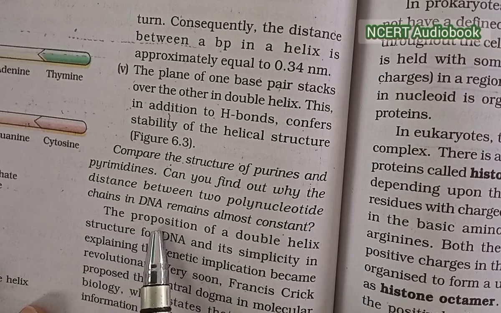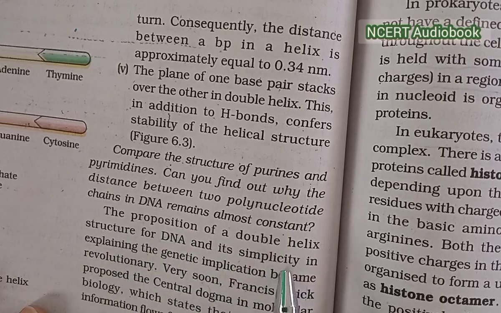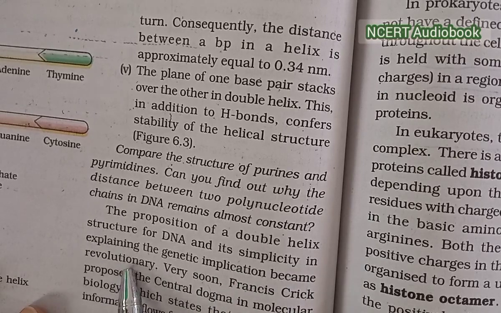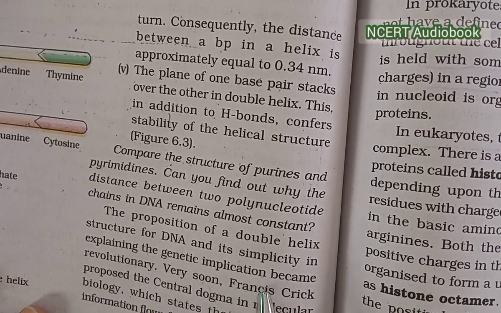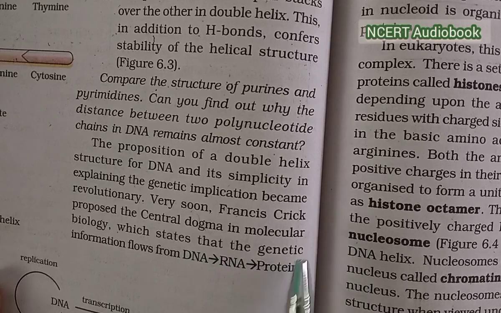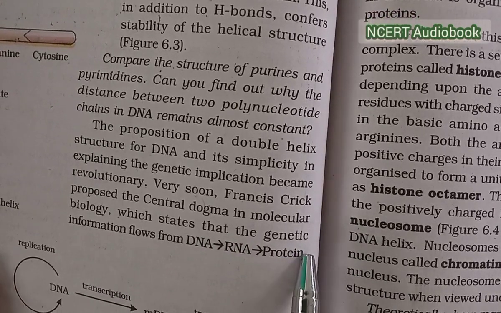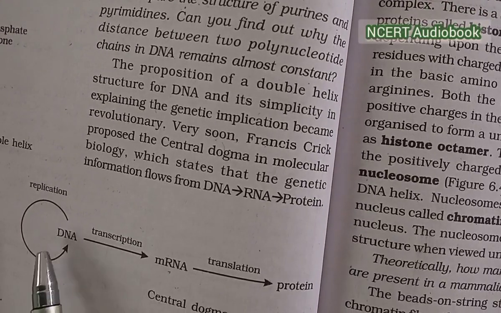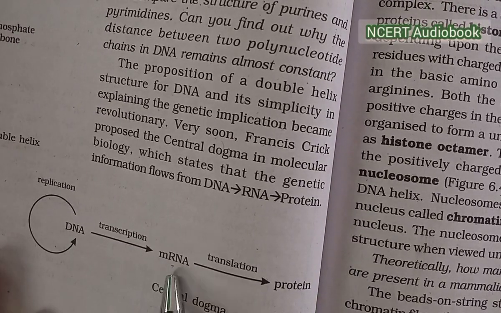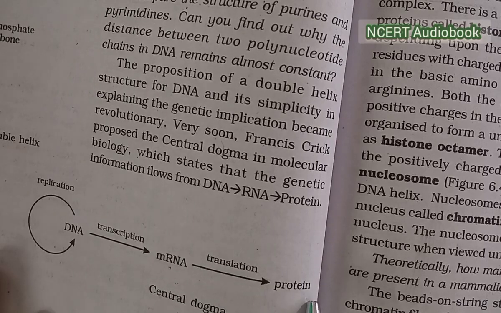The proposition of the double helix structure for the DNA and its simplicity in explaining the genetic implications became revolutionary. Very soon, Francis Crick proposed the central dogma in molecular biology, which states that the genetic information flows from DNA to RNA to protein, from DNA transcription to form mRNA, and from mRNA translation to form protein.